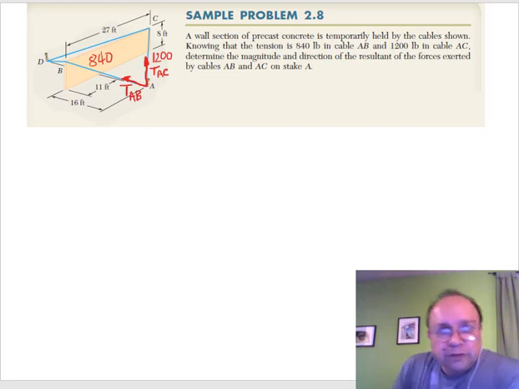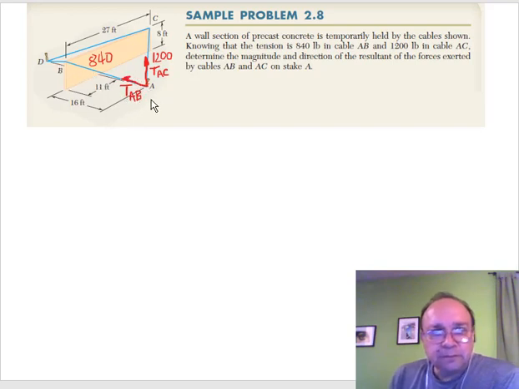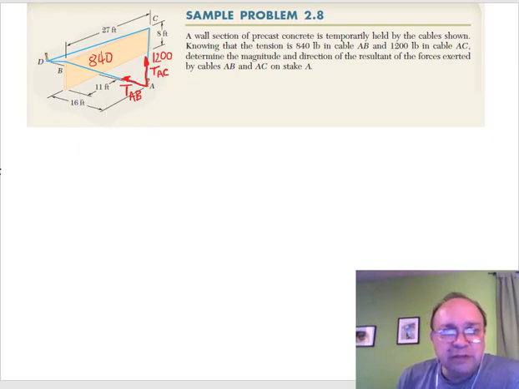Alright, so in order to get the rectangular components of the forces, we need to find the cosines of the directions of those forces, same as we did in the previous example. So let's start with AB.